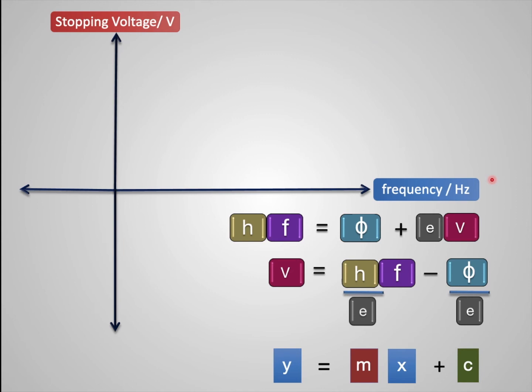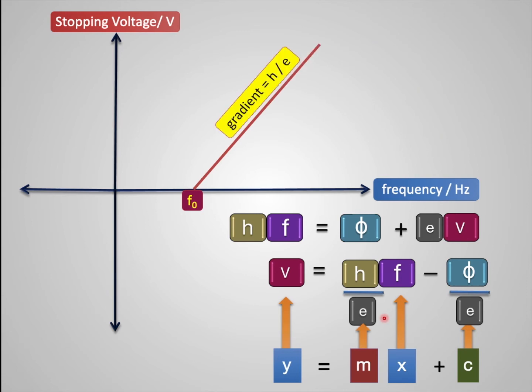This means if you plot a graph with stopping voltage on the y-axis and frequency on the x-axis, the gradient would be h over e. In the previous graph with kinetic energy, the gradient was h, but now it's h over e, and the y-intercept should be minus phi over e. The shape of the graph will not have any difference because the gradient is still a constant.